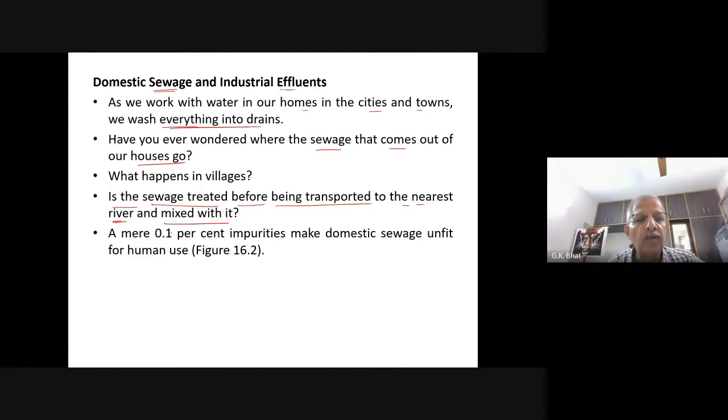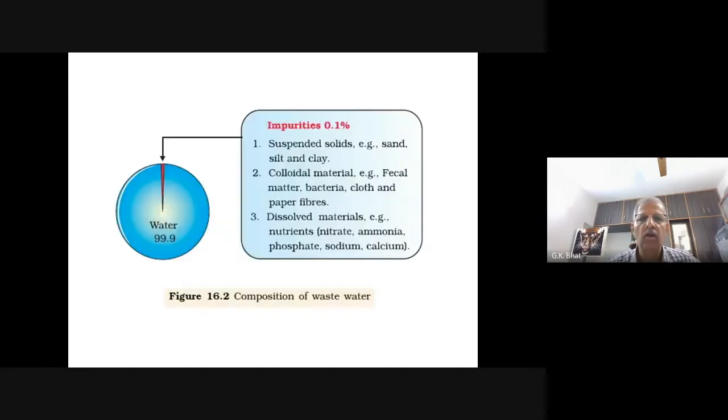Remember, a mere 0.1% of impurities makes domestic sewage unfit for human use. Even 0.1% impurity makes the water unfit for our use. See, 99.9% of the water is so pure.